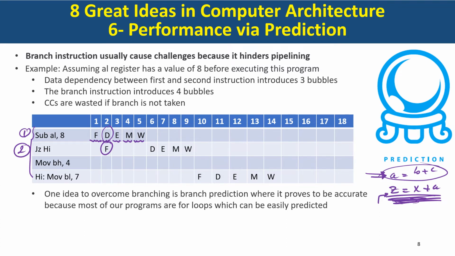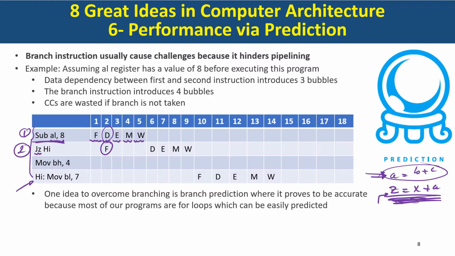Basically here we are saying sub AL, and AL is a register that contains a value. We're going to subtract 8 from AL. Consider AL like a variable. If AL equals 8, then 8 minus 8 would be 0, so in that case we jump to the line that has the label high.